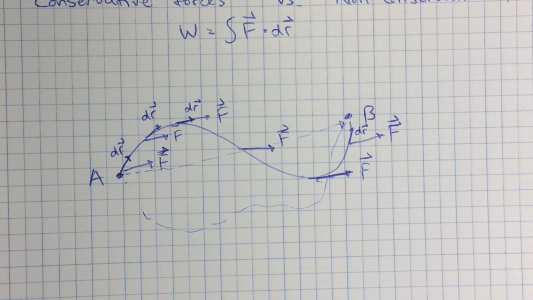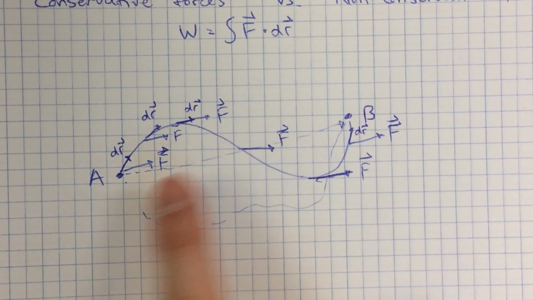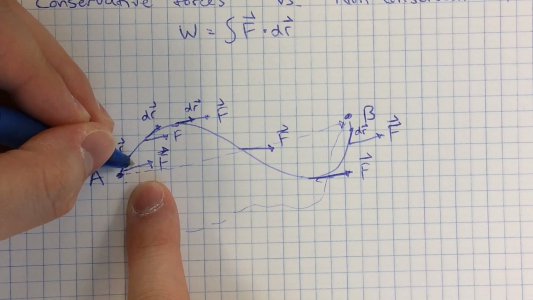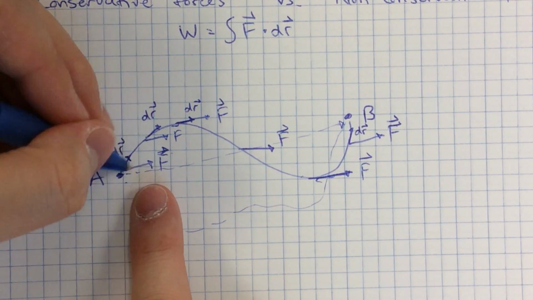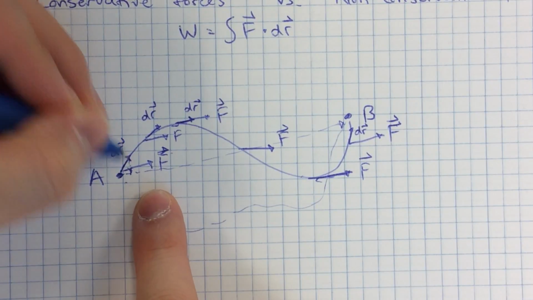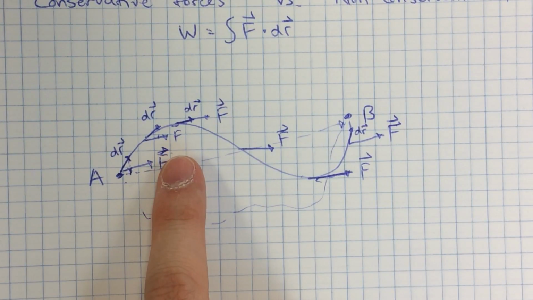Maybe another way to think about it is if F is pointing from A to B, and you're only taking the components of dr that are in the direction pointing along F, then at any moment, you're only taking the component that's along the straight line path anyway. Does that make sense?